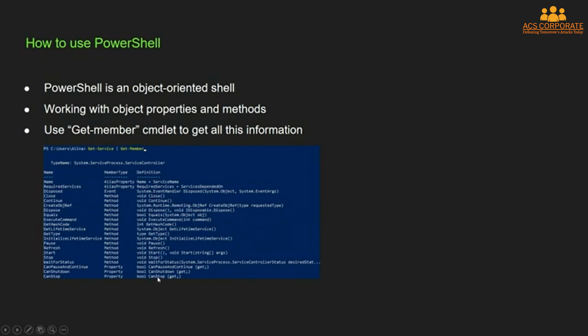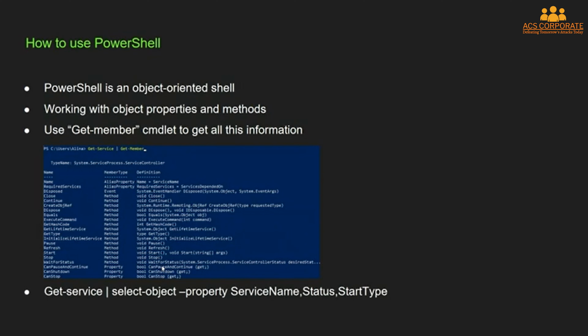For example, it can be stopped, can be shut down, can pause or continue. So these properties are information describing the object, which in our case is a service. And the methods are commands that you can apply on the object, which in our case is a service.